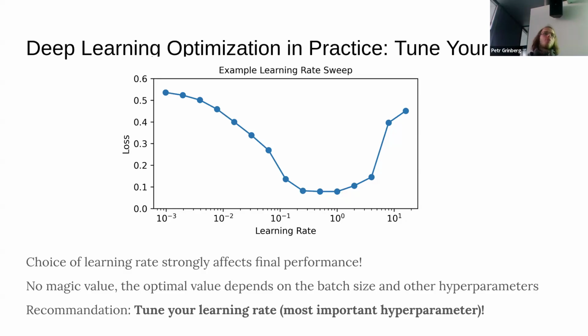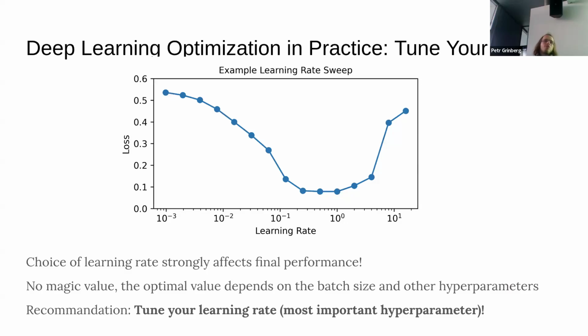Because there is no magical value of a learning rate that is good for all tasks. Maybe for one text-to-speech model, one learning rate is better, but for another model which also does text-to-speech, but in some different manner, another learning rate will be more optimal, and will allow you to achieve better performance or achieve this performance faster. So spending some time on tuning your learning rate may be beneficial.